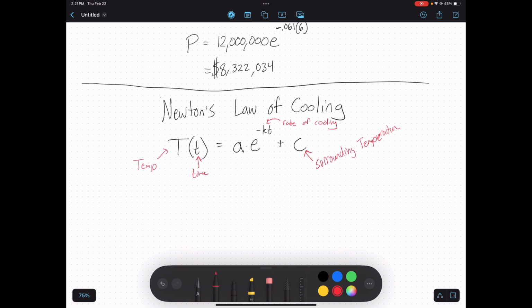Your object's not going to cool down to a lower temperature than what is surrounding it, right? And so A ends up representing the difference between the object's starting temperature and the surrounding temperature.